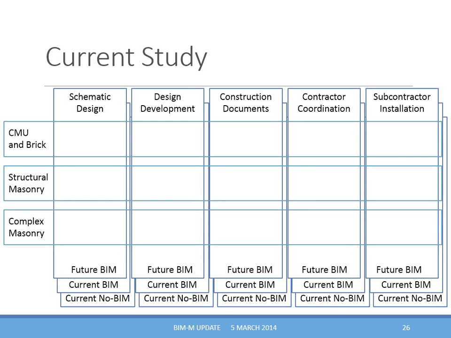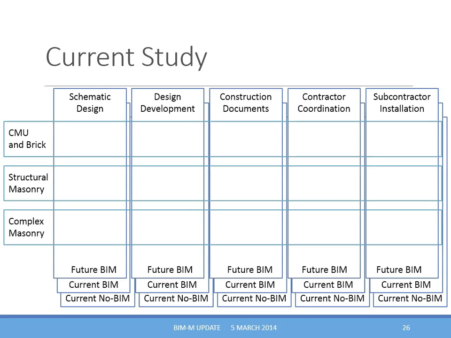And so right now, we're just getting started on this process of developing a series of case studies, essentially 45 case studies in all, looking at the use of BIM in these different phases and types of projects. And we're just involved in laying out the first one right now, which is then going to provide the template for creating our other case studies. And I'm going to turn it over to Brian now to talk about his efforts developing this first case study.